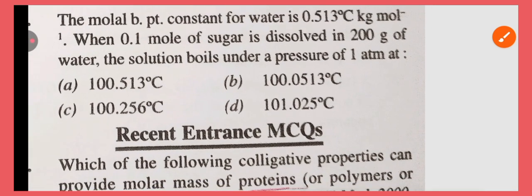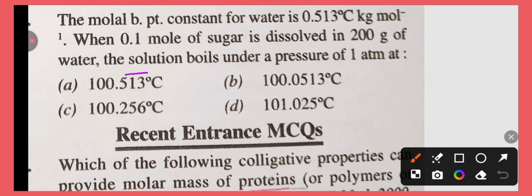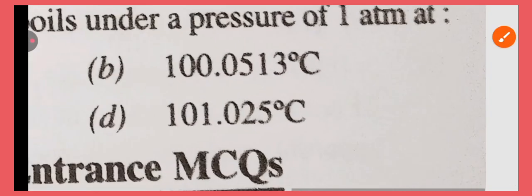In the question, it asks the solution boils under the pressure. What is its boiling point? Here the boiling point is asked. Then boiling point is equal to boiling point at 0 degree Celsius plus the molar elevation in boiling point. We found that 0.2565.